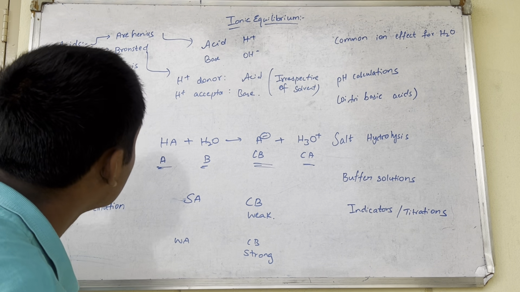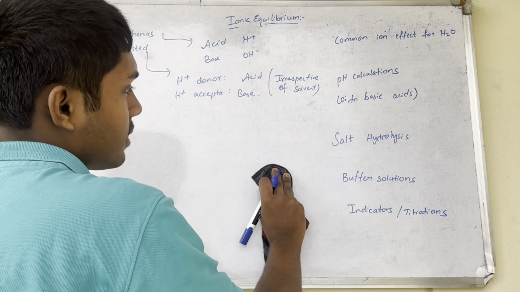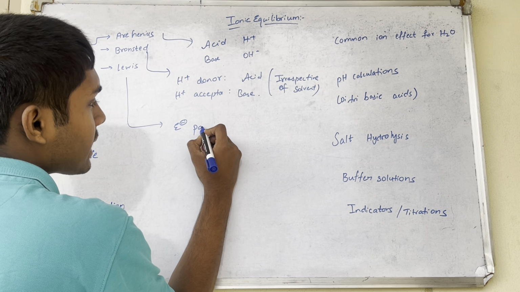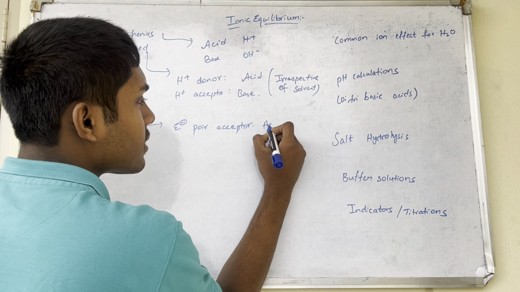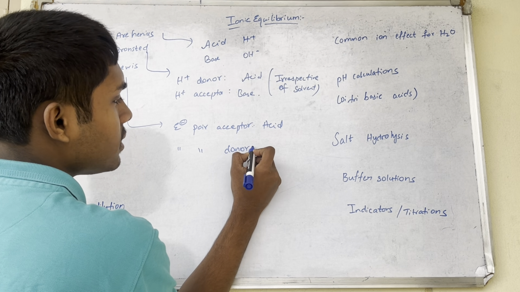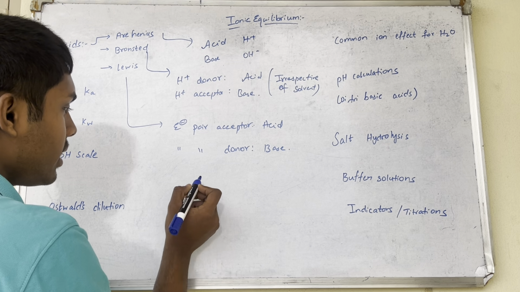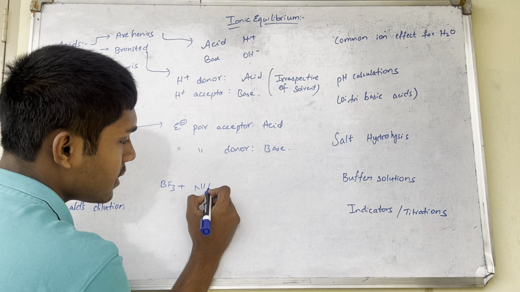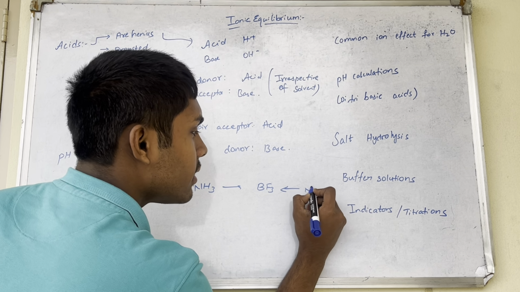So now let's go with the Lewis concept. As per the Lewis theory, an electron pair acceptor is an acid, and an electron pair donor is called a base. For example, if you take BF3 plus NH3, it will form a BF3·NH3 adduct.